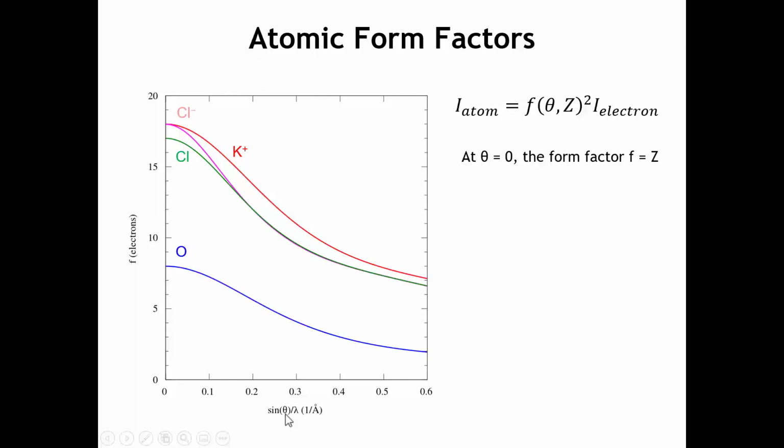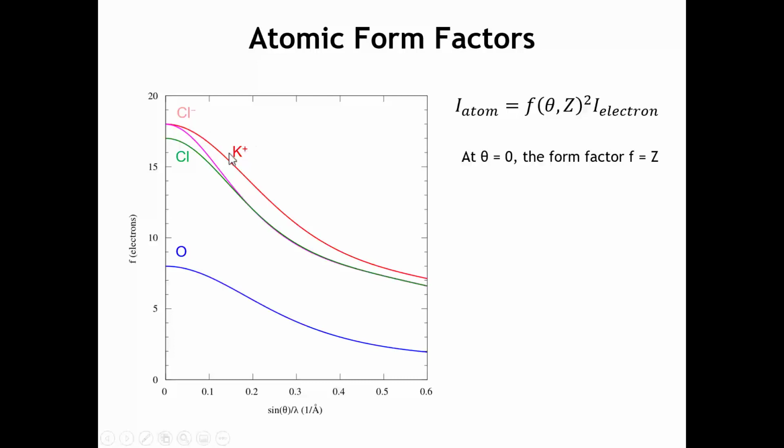Right? When theta is 0, then 2 theta is 0, and sine theta is 0. We see that oxygen has a form factor that's 8. It's because there are 8 electrons in an oxygen atom. Chlorine has a form factor that is 17, because there are 17 electrons in a chlorine atom. The chloride ion has a form factor of 18 because it has one more electron than a chlorine atom.